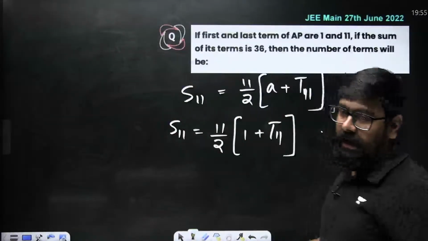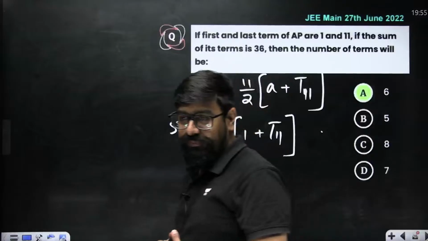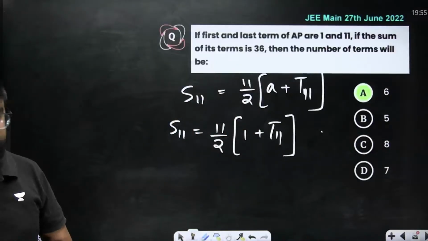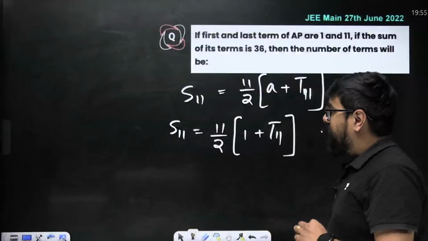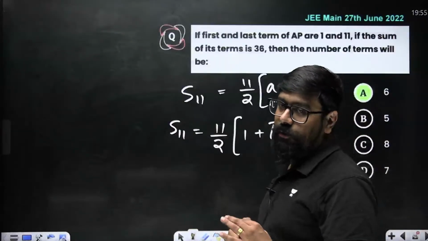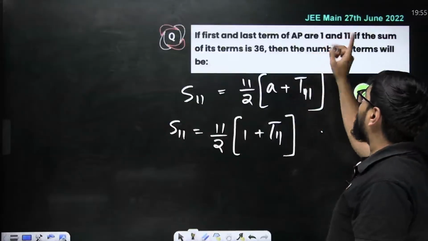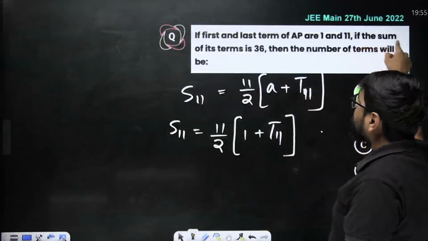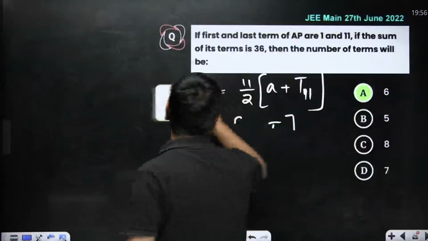Have I written it correctly? Can you tell me if this is correct or not according to the question? Again, read the question. First and last term of an AP are 1 and 11, and the sum of its terms is 36. I don't know how many terms, so I have not written it correctly.